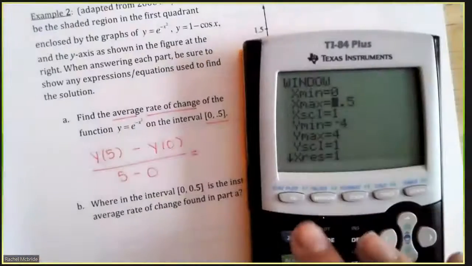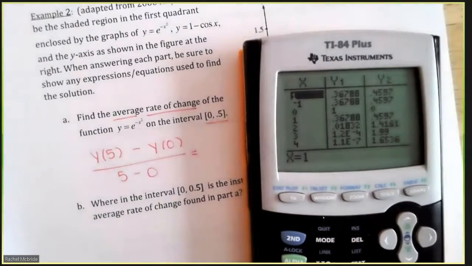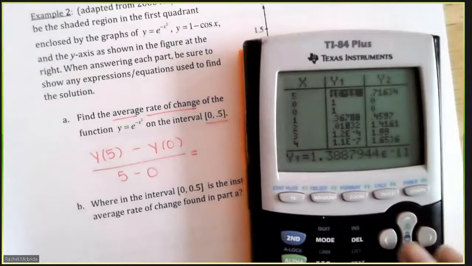So go to your table. That's my first equation. So I'm going to plug in 5. I'm going to plug in 0. So when I plug in 5, I got 1 e to the negative. So that's kind of gross.